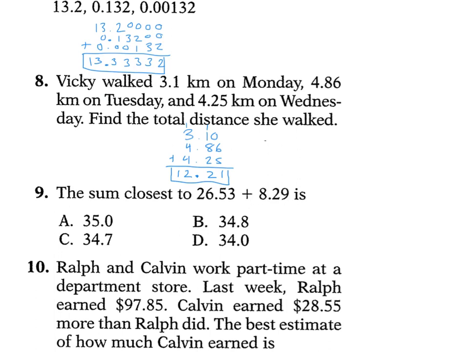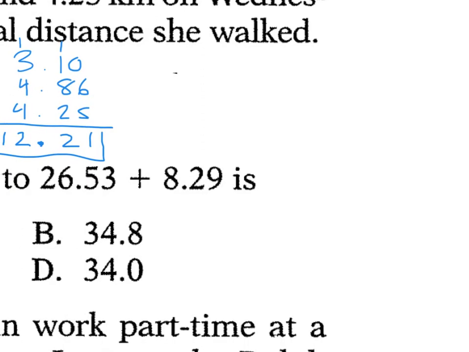Number 9, the sum closest to 26.53 plus 8.29 is, okay, so let's add these two together. So we have 26.53 and 8.29.